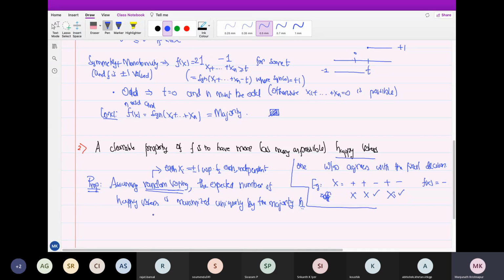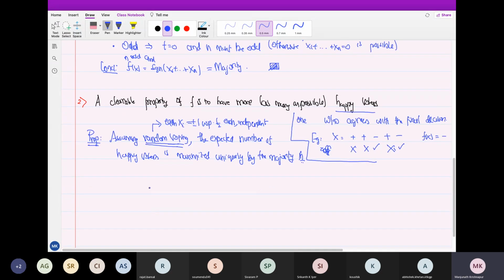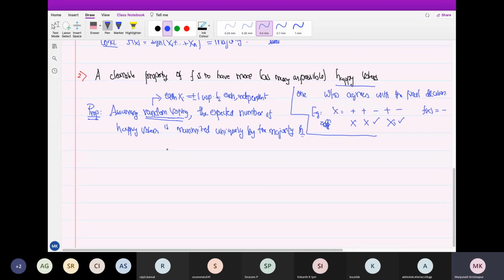Among all Boolean functions, the majority function is the only one which is the unique maximizer for the expected number of happy voters. The number of happy voters depends on the particular x; for the same Boolean function, a different x gives a different number of happy voters. So this is the theorem. I hope the statement is clear.